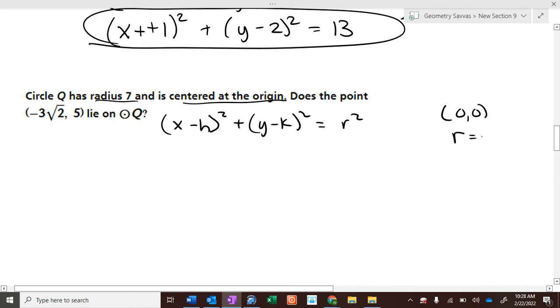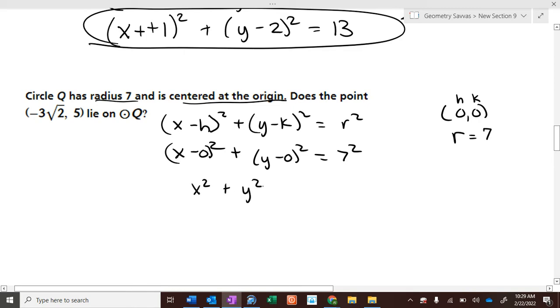What is the radius of this circle? 7. This is h, this is k. So it's x minus 0 squared plus y minus 0 squared equals 7 squared. What's x minus 0? X. So it's just x squared plus y squared equals 7 squared, which is 49. X squared plus y squared equals 49. Now, that's my equation of circle Q.